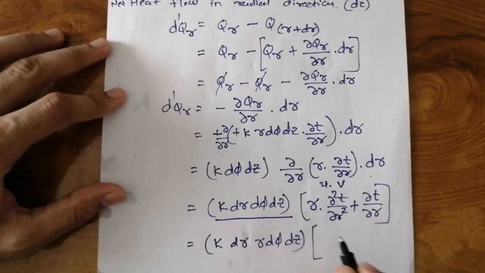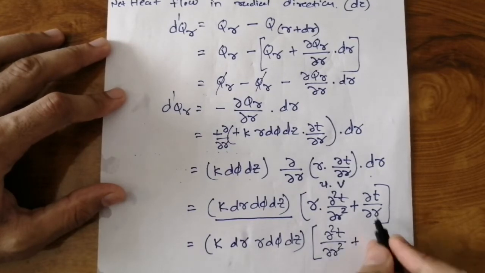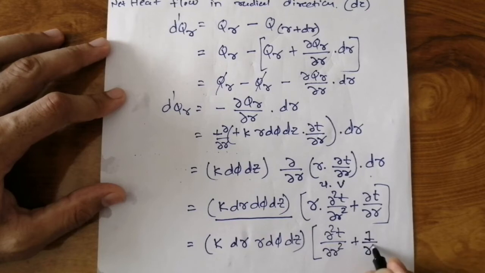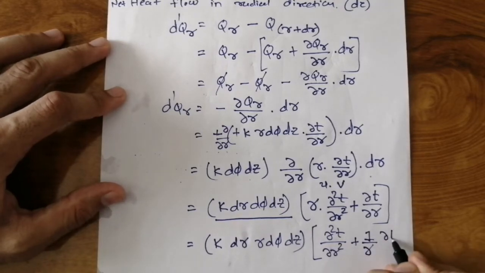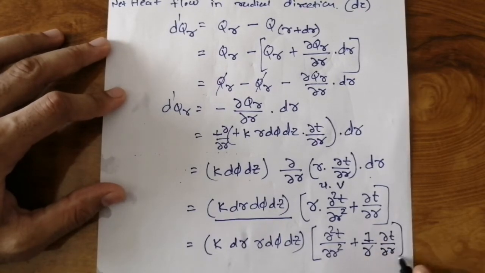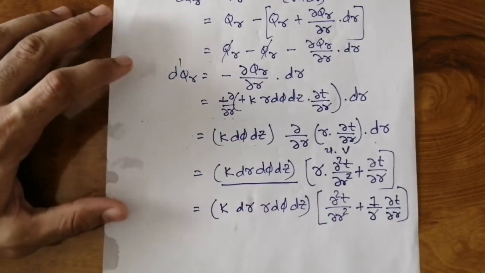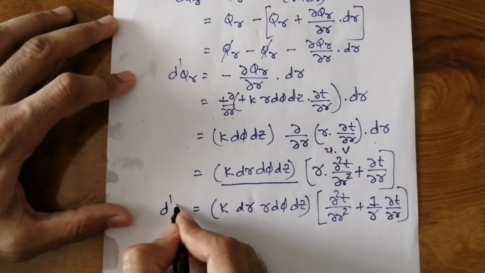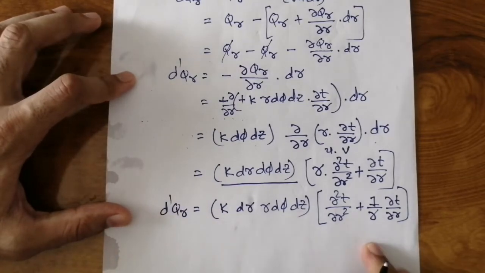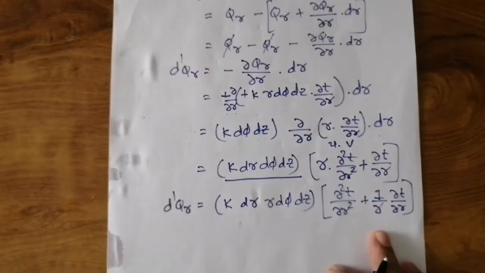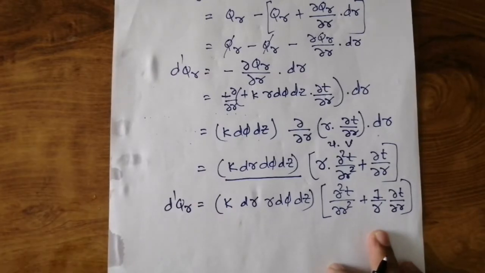Inside the bracket, taking r common, it will be ∂²T/∂r², plus, since r is not present, we divide with r, 1 upon r ∂T/∂r, because we are taking r common, so here it is divided by r. That is your equation for the radial direction, the net heat flow in the radial direction.